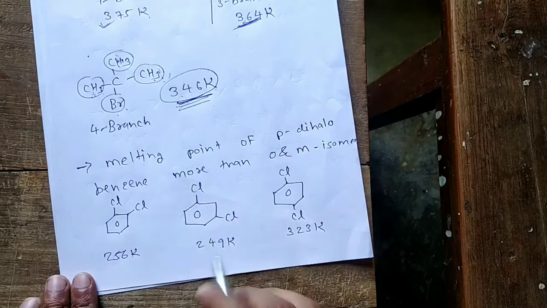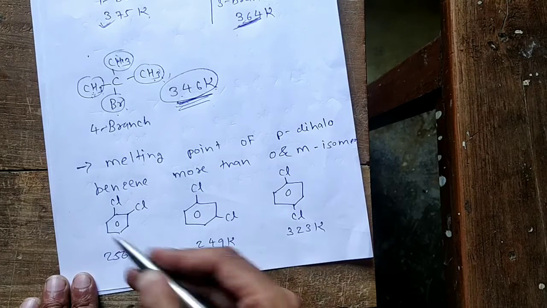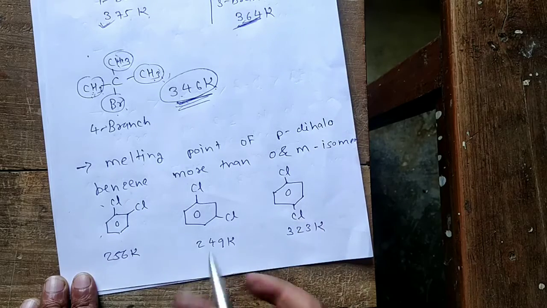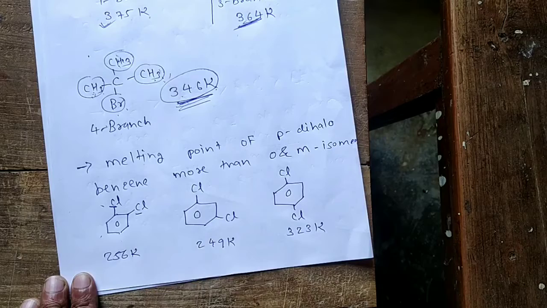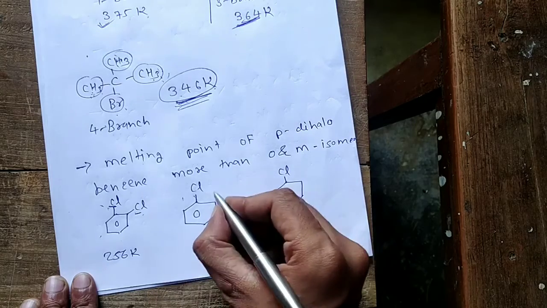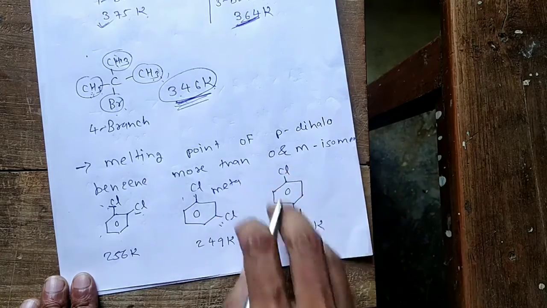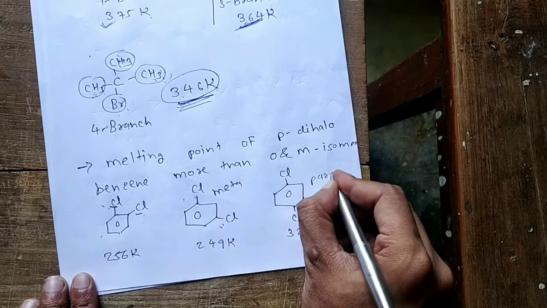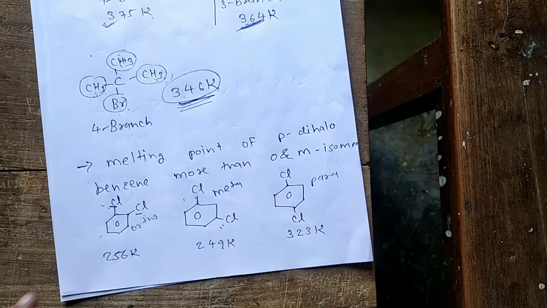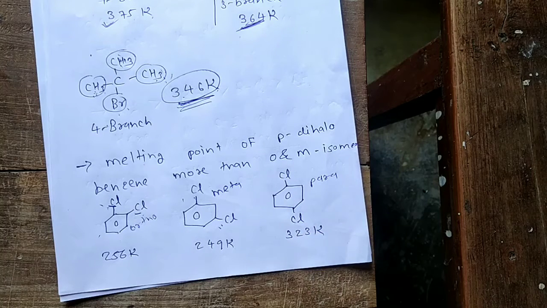Next, if we have aromatic halides, three aromatic halides are here. First one is at 1,2 position, 1,2 dihalobenzene, which is ortho. Second one is at 1,3 position, meaning meta position. And the last one is para position. Now the para position, this last structure, has the highest melting point.